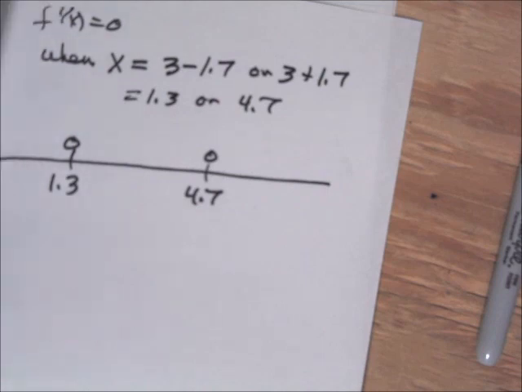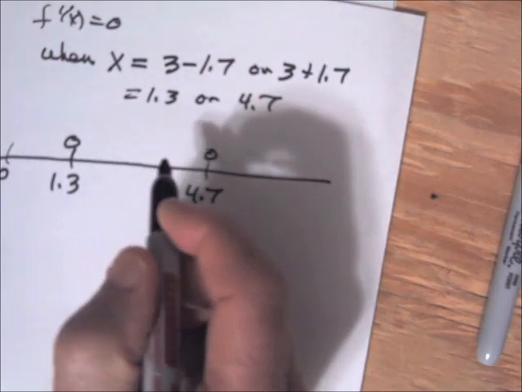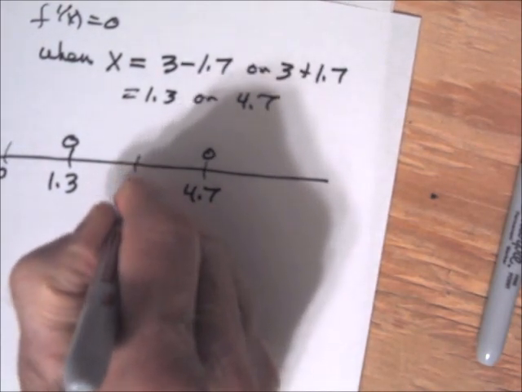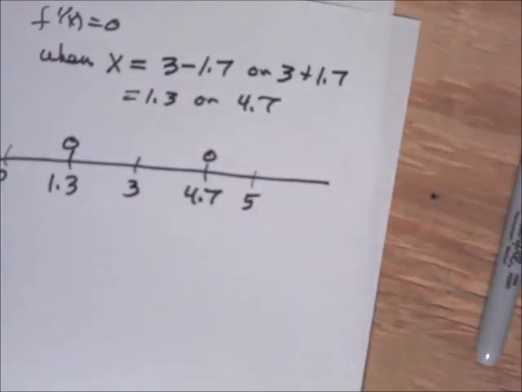let's do some test points. For example, if x is less than 1.3, if x is between, let's say x is equal to 3, and if x is more than 4.7, let's say x is equal to 5. Let's see what happens.